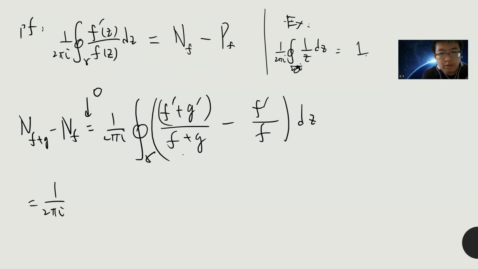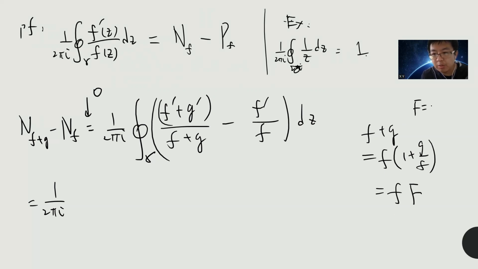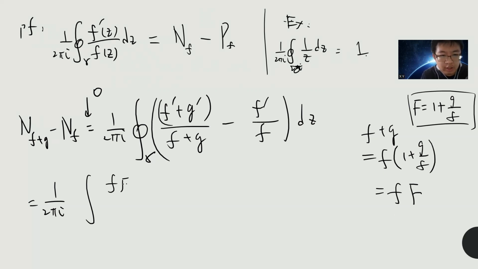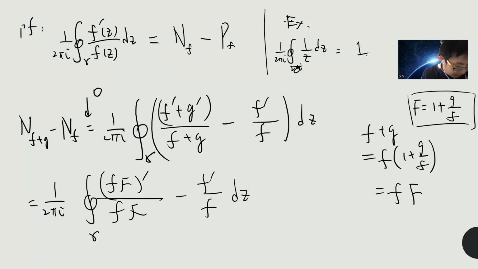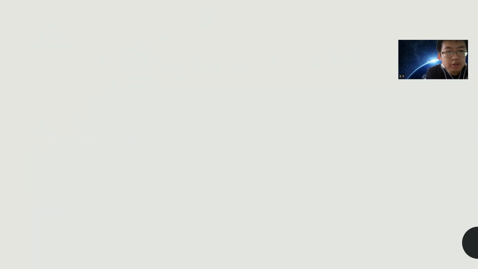So here comes the trick. Let's write f plus g as f times (f plus g divided by f). Let's call this capital F, defined to be 1 plus g divided by f. So f plus g can be written as f times F, and the integrand is (fF)'/(fF) minus f'/f dz.